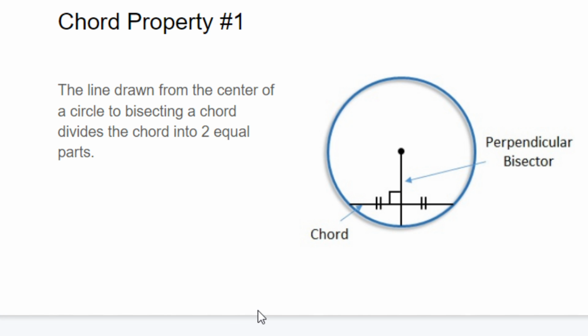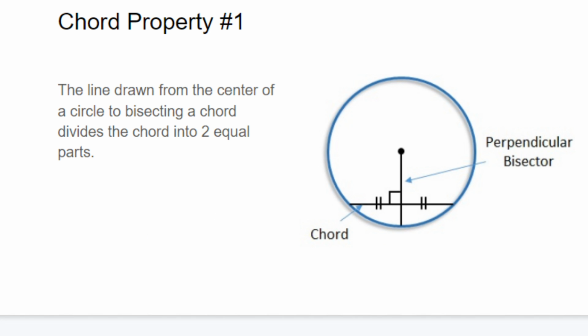So there's three properties we're going to talk about for chords that are important to remember and important to work with. Chord property number one is that the line drawn from the center of a circle to bisecting a chord divides the chord into two equal parts. So you could have a line just sitting over here bisecting a chord, but if it's ever coming out of the center of the circle, it's always going to split that chord into two equal parts, no matter where the chord is.